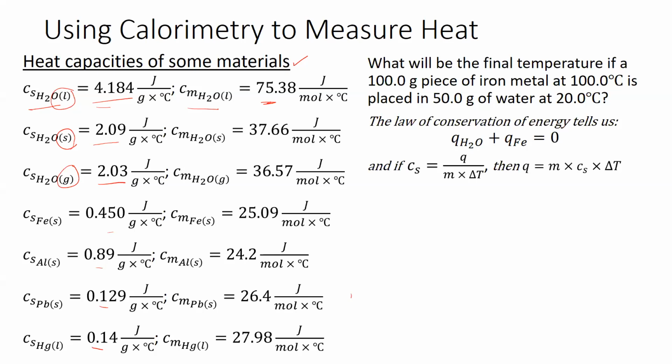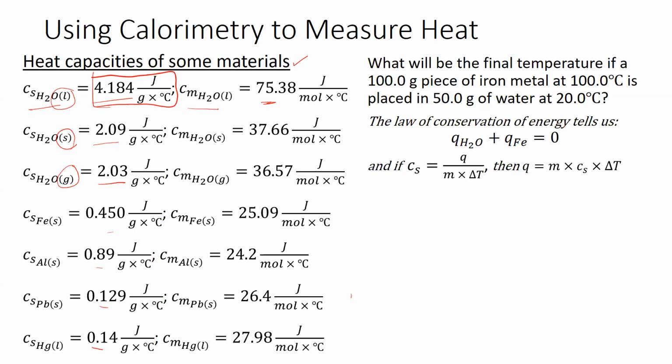I don't expect you to memorize anything. What I would say is it would be useful for you to know this one. This is the specific heat capacity of water in its liquid form. That's a very common one for us to know. Okay, thank you.